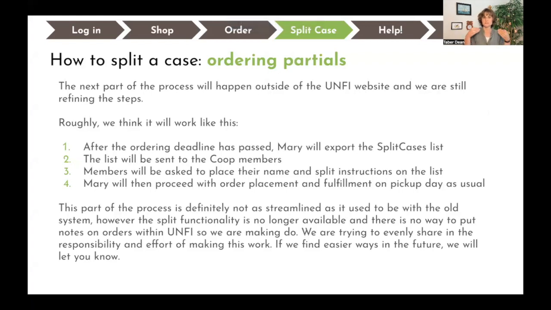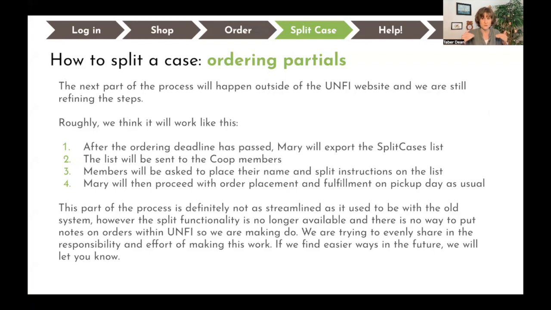Once the deadline for placing your order in UNFI has passed, whatever it is that Mary tells you, you need to have your lists updated by, Mary's going to go in and take the entire split case list and export it. Basically, she's going to create a spreadsheet out of it.